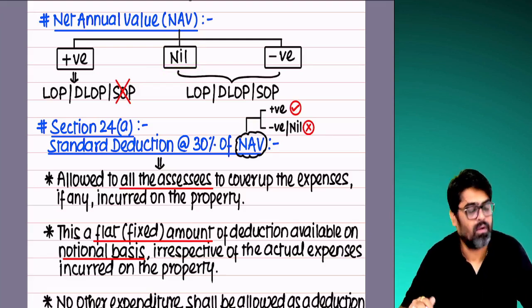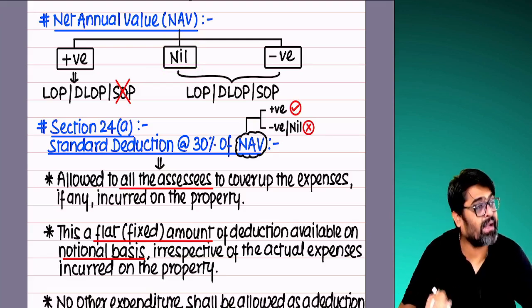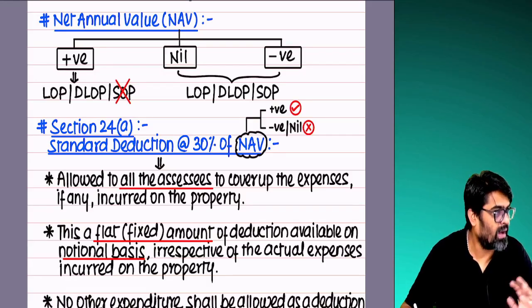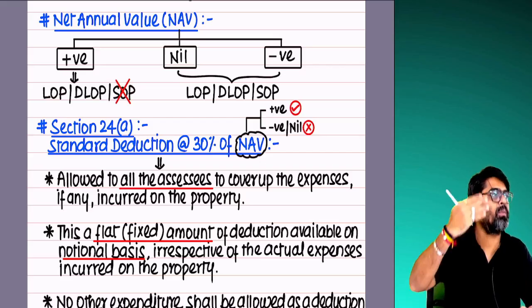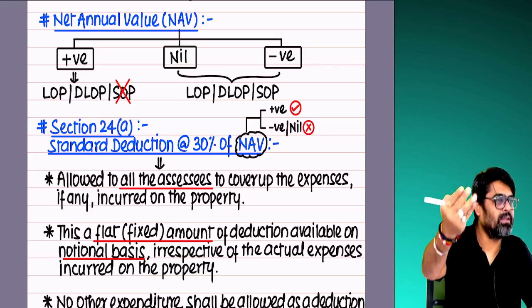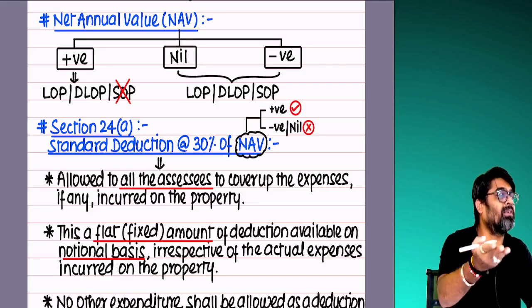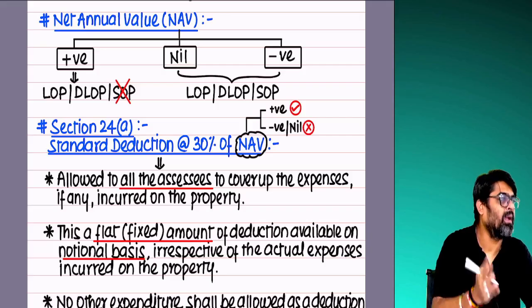Yes or no? But it can never be negative also. Why am I saying that? Because from GAV, you are not going to get any municipal tax deduction. So it cannot be negative also.